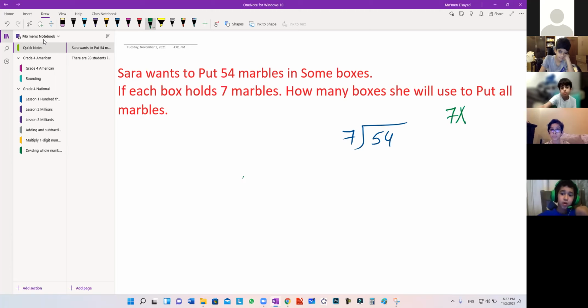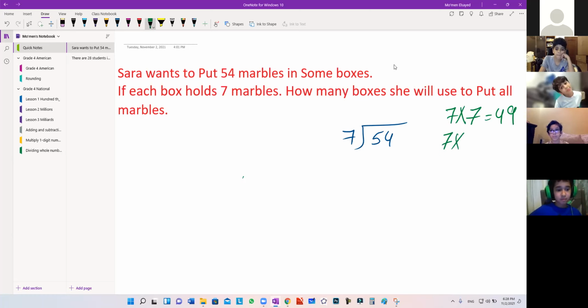I think Majid can help here. Majid, 7 multiplied by what gives us the closest number to 54? 7 multiplied by 7 equals 49, and that's the closest number to 54.